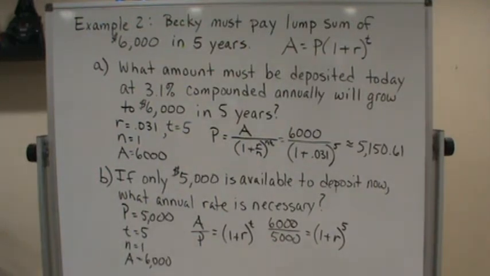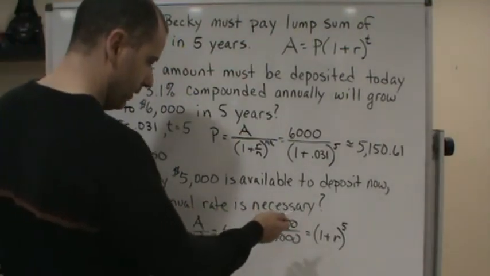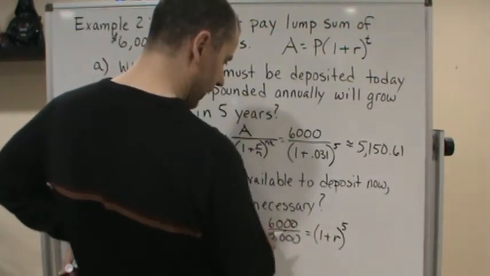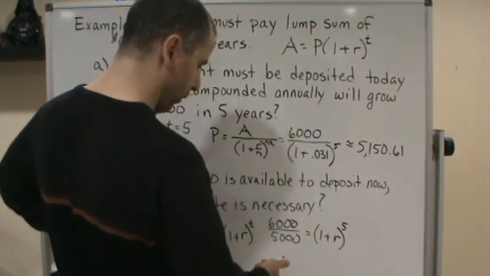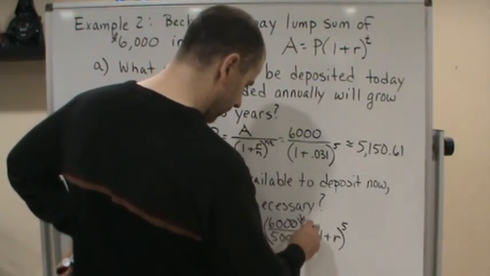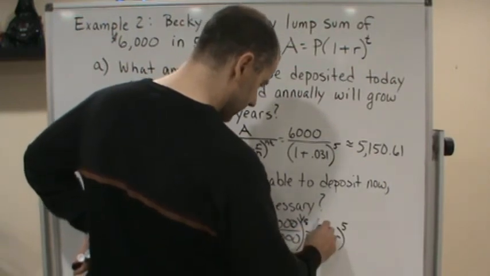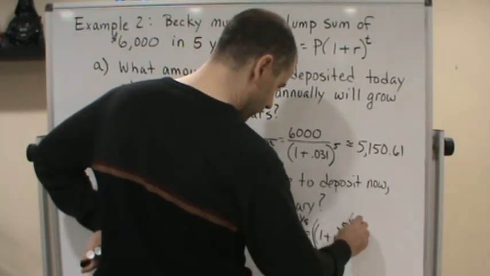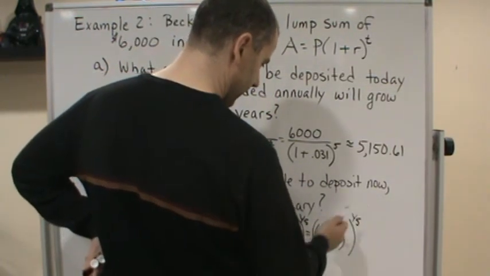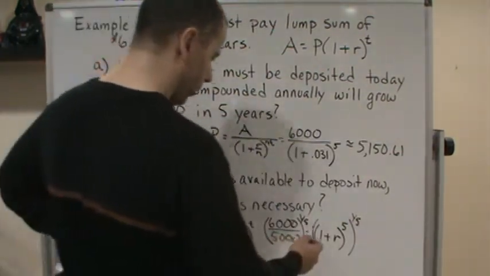So guess what? In this case, we're going to use our properties of exponents. What do I need to do to get rid of that 5? I'm going to take the power of 1/5 of both sides. So I'm going to take this to the power of 1/5, and then this to the power of 1/5, and then the power rule tells us to multiply these.